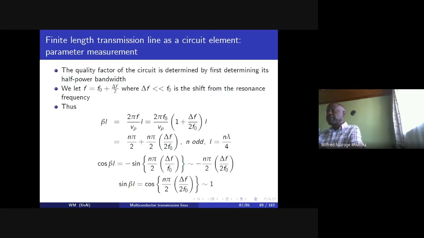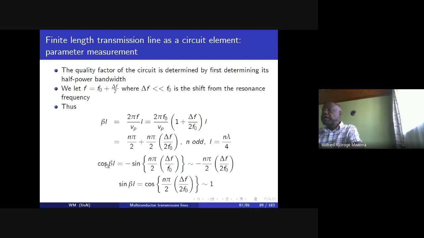This can therefore be expressed as, since twice pi f0 over Vp is n pi by 2, n pi over 2 plus n pi over 2 into delta f by twice f0, as long as n is odd and L is n lambda by 4. So the cosine of beta L is going to be given by the cosine of this expression.